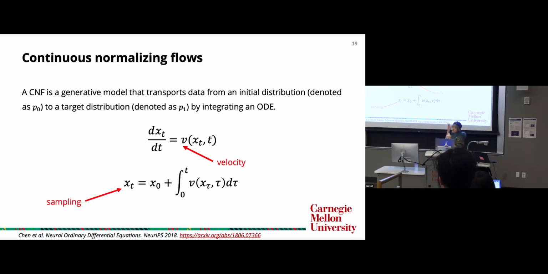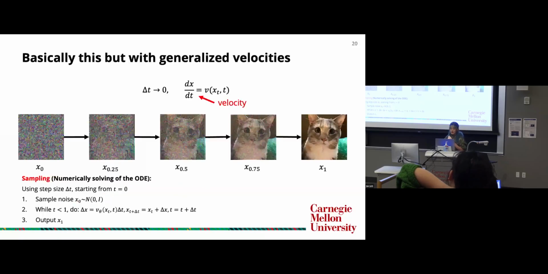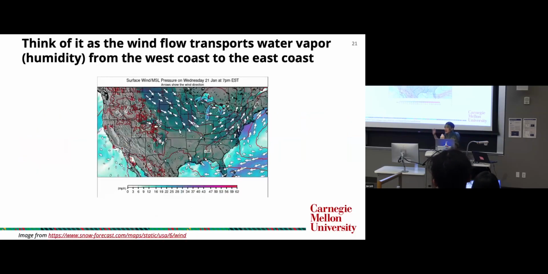At sampling time, you can just solve this ODE by integrating through the velocity, and then you get a sample, or a trajectory of samples. This is literally what we just did, right? You have some velocity, and then you numerically solve the ODE at sampling time.